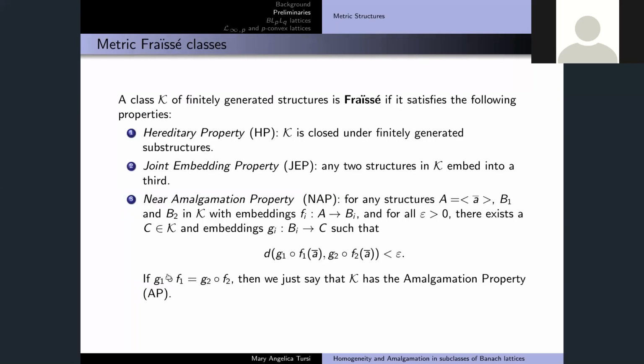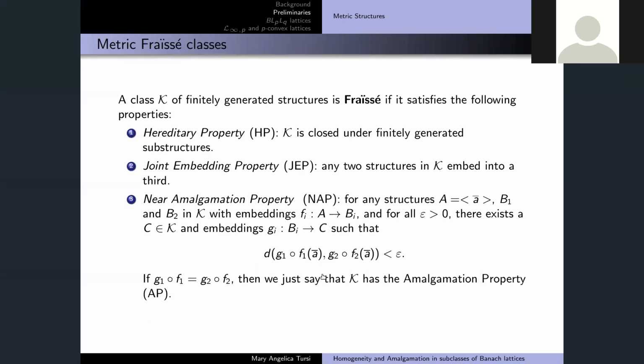And then the near amalgamation property. Basically the idea is you have some A embedding into B1 and B2, and these are all finitely generated, then I can find some C in K and some embeddings G1 from B1 to C and G2 from B2 to C, so that at least along my tuple, when I take the distances of G1F1 of the tuple A and G2F2 of A, I can get as arbitrarily close as I like.